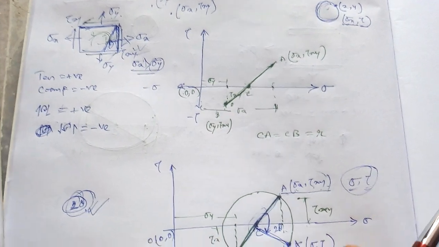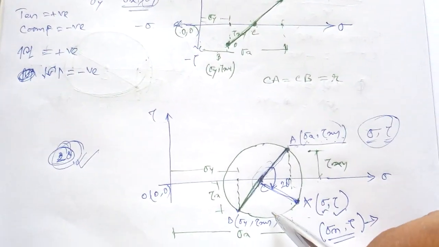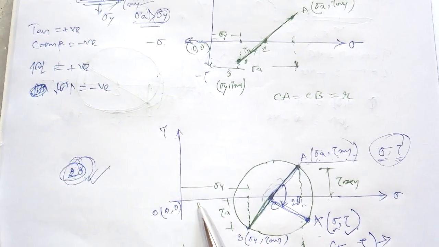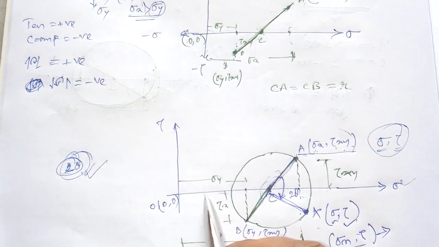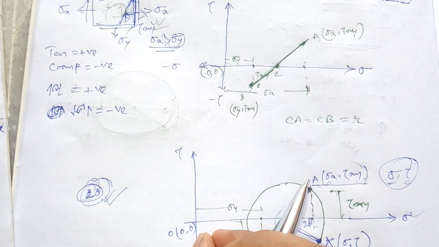That means we draw a circle assuming a suitable scale, because we have to denote the stress in either millimeter or centimeter.